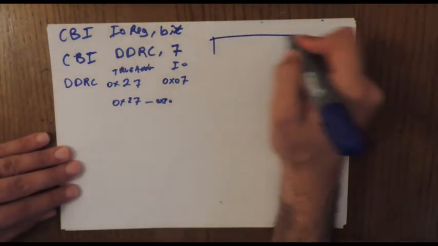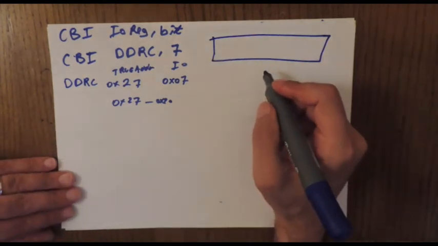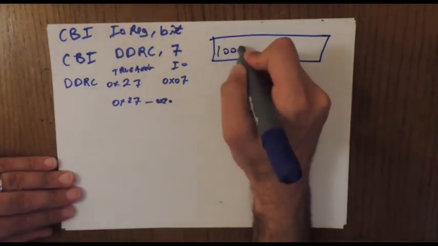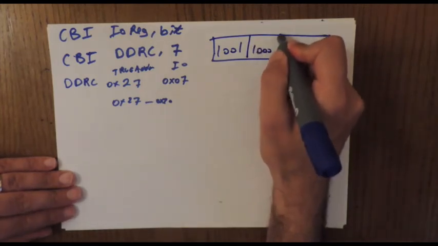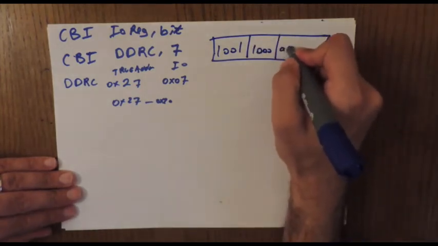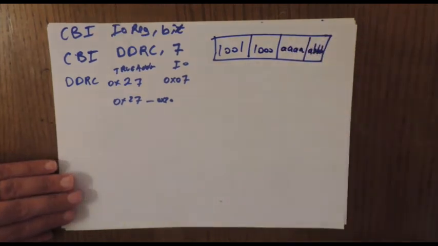So now we check the layout of CBI, and in this case it's going to be 1001 and 1000. Now we place 1, 2, 3, 4 A's and 3 B's.